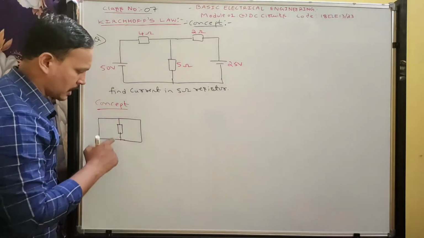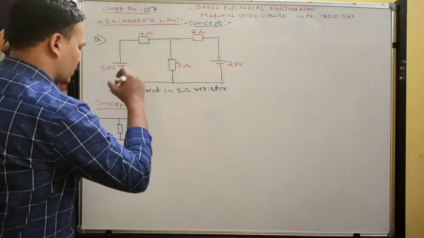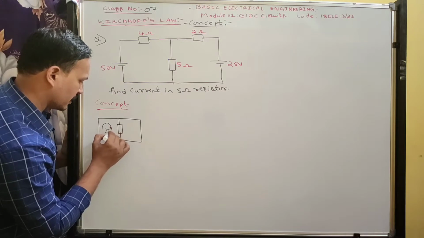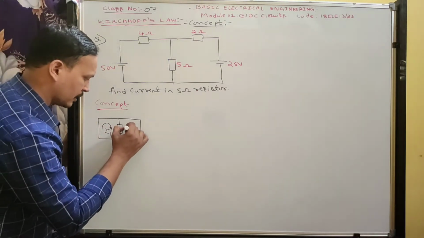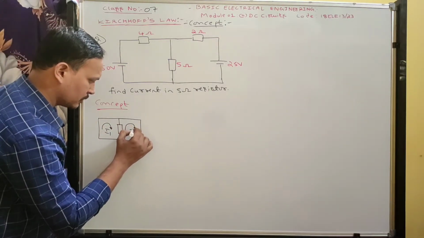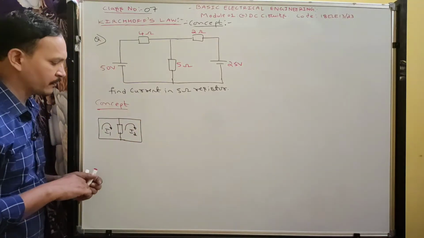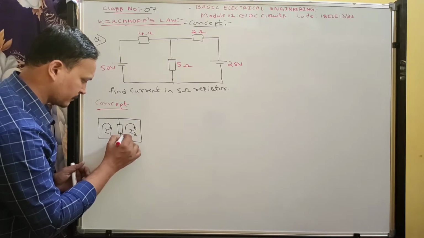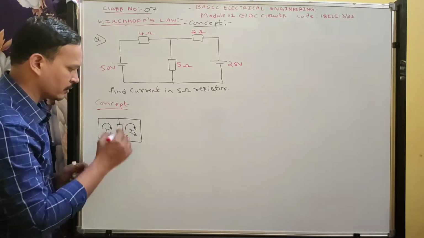Don't worry about that. Concentrate only on the middle resistor. Suppose I take a loop direction like this, clockwise, I1 current, and I2 I am going to take clockwise. Now this is the current flowing through the 5 ohm resistance.